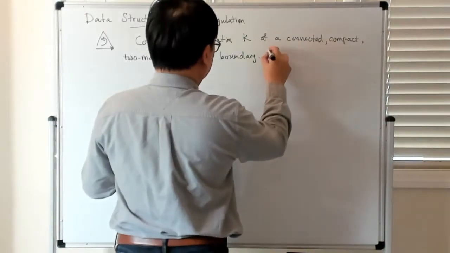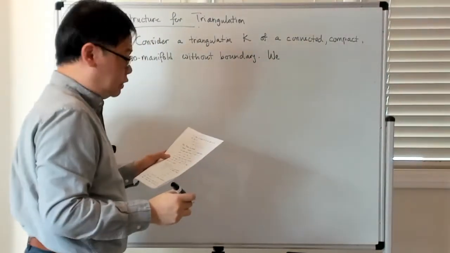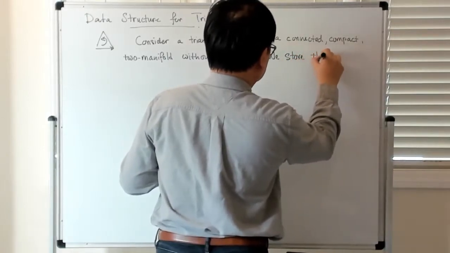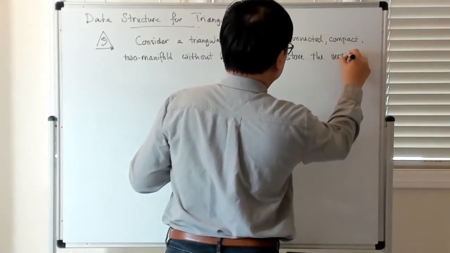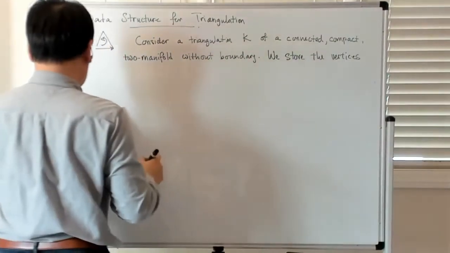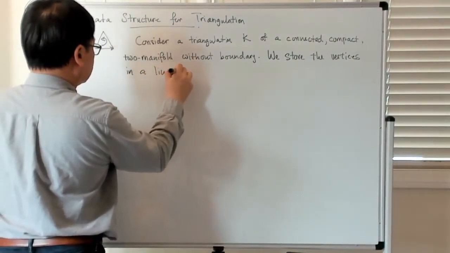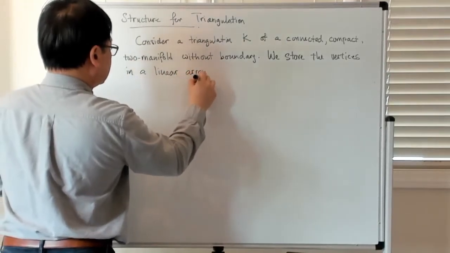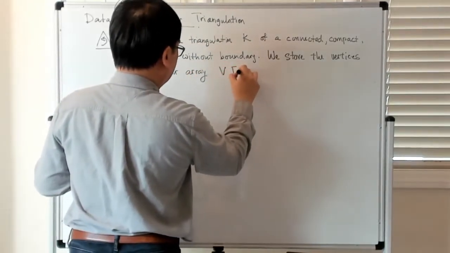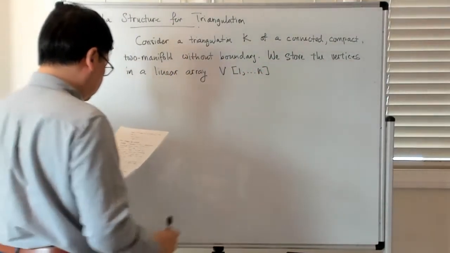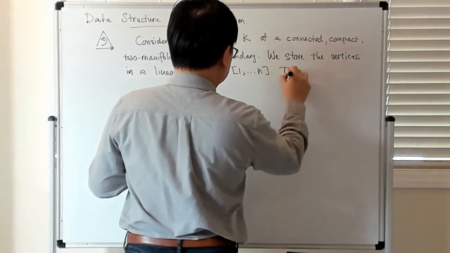Okay, and then we can store the vertices in a linear array. Let's just denote that array by V, and it has entries 1 to n.